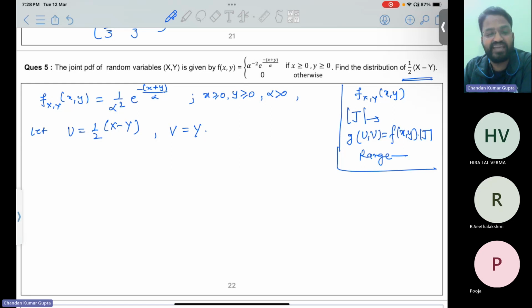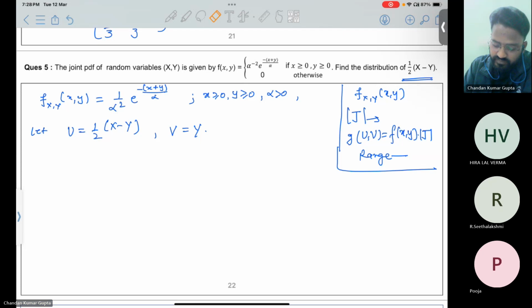This may be taken as x also, but it is taken in such a way that the Jacobian must not equal 0. You may take either x or x plus y or x square, whatever you want, but in this situation the Jacobian must exist, which is not equal to 0. So we have considered v equal to y for this purpose.